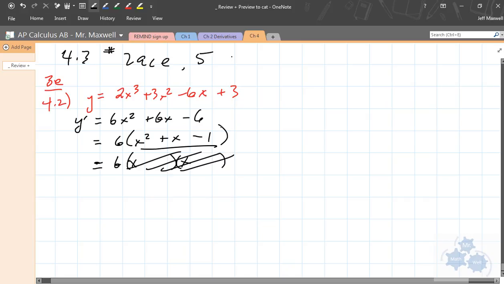Do you remember another formula that you might be able to use? The quadratic formula? Yeah. x equals negative b plus or minus root b squared minus 4ac all over 2a. Yes, Jack in the box.